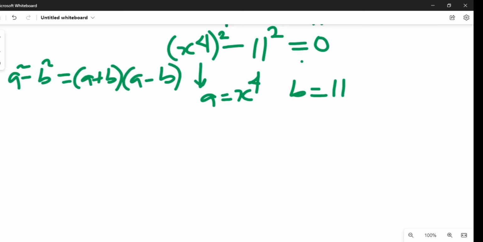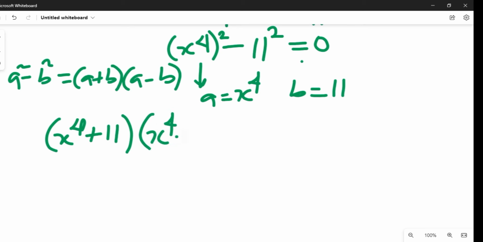If we apply that here, we'll have x raised to power 4 plus 11, then multiply by x raised to power 4 minus 11. So having gotten that, we have gotten two equations and this will be equal to 0.